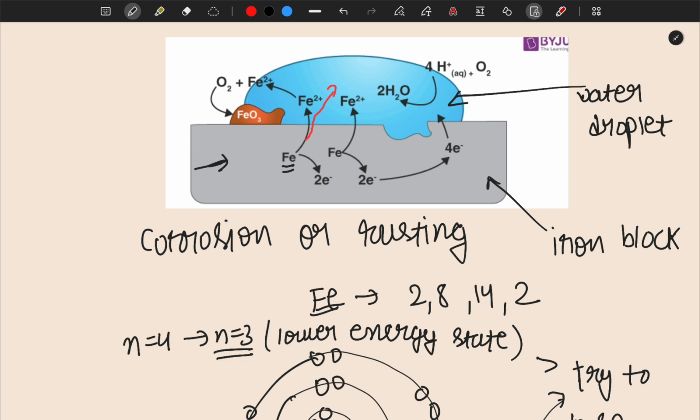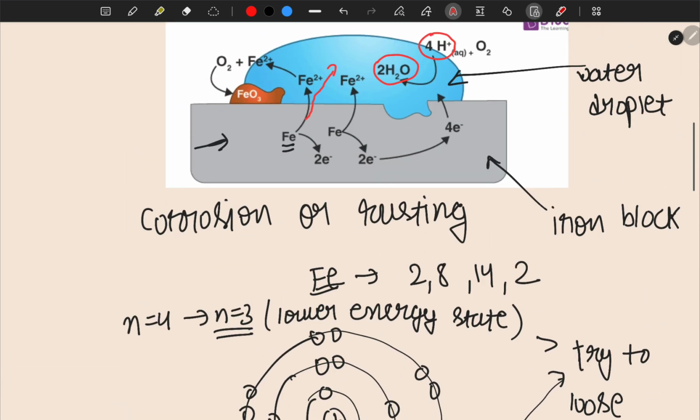The water droplet will be made up of H2O, but we are seeing this 4H+. Why do we need this 4H+? Because these 2 electrons have to travel in the water. Why do they want to travel in the water? Because they want to move, as electrons have movement.